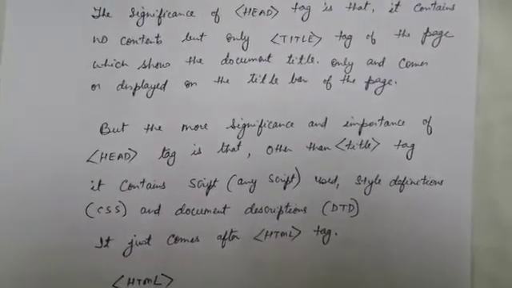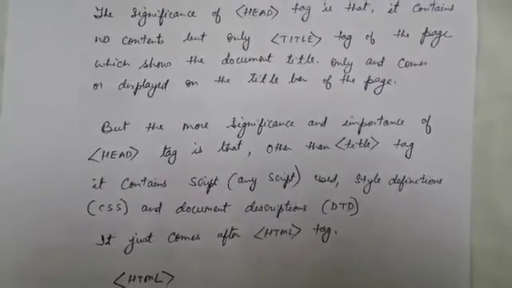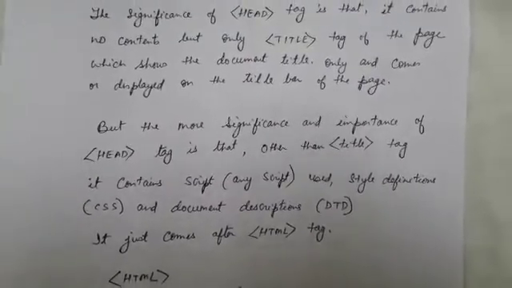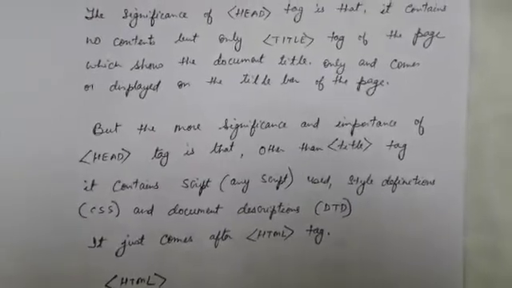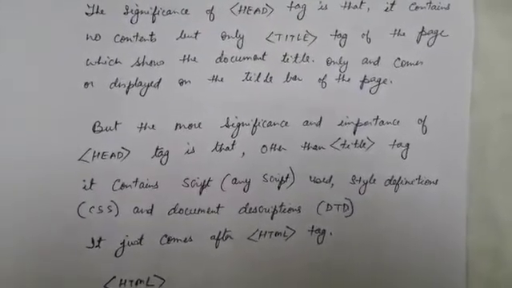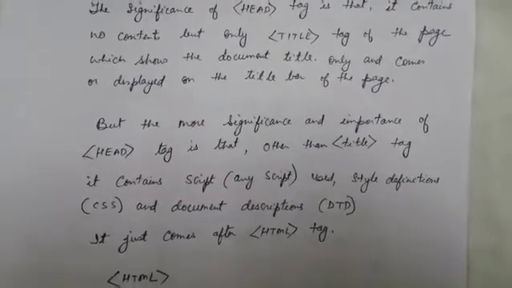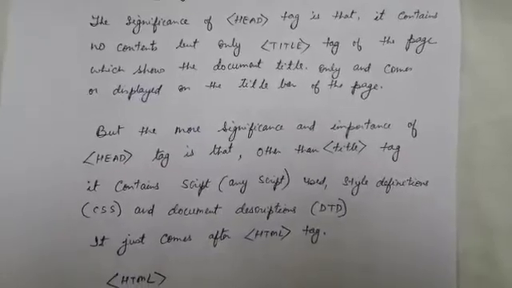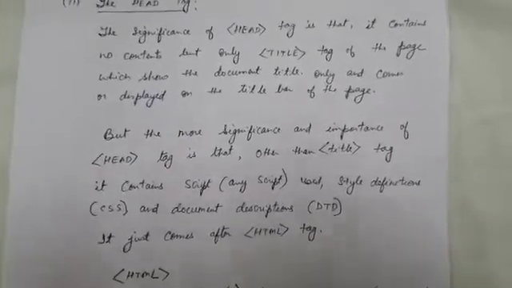Also, if we are applying a style sheet in our document, the information of that style sheet remains inside the head tag. And if we are defining it with a DTD, that will also come inside the head tag. So this is the significance of the head tag.